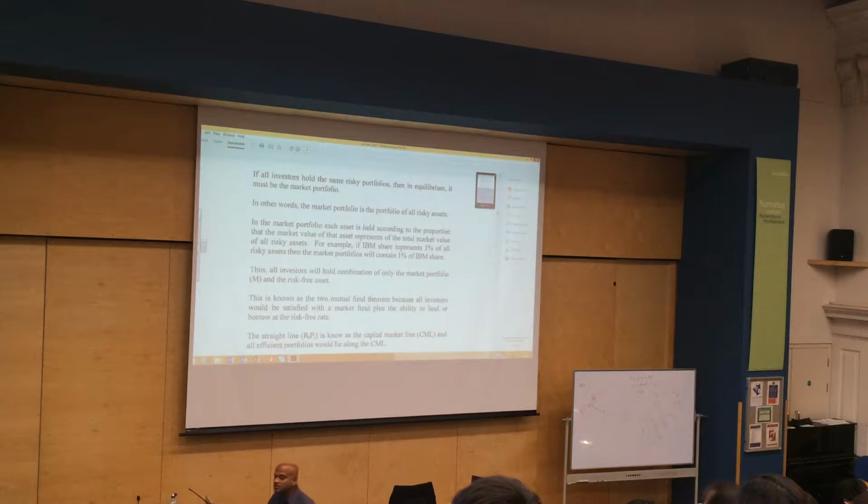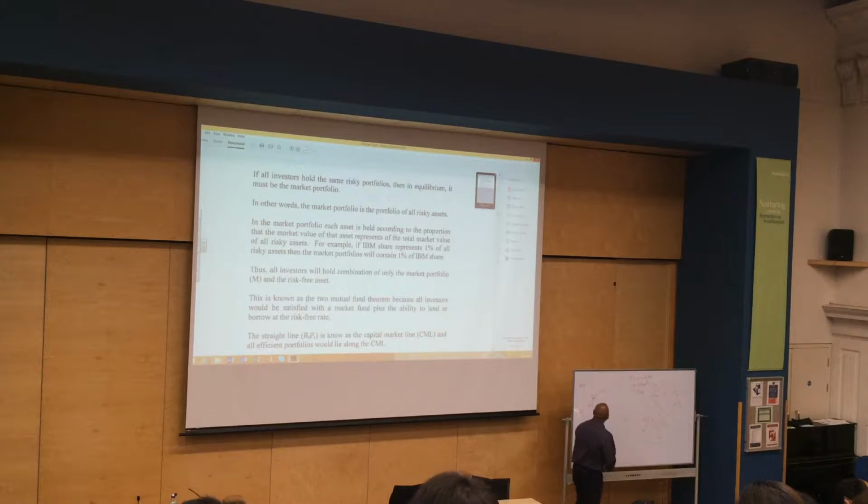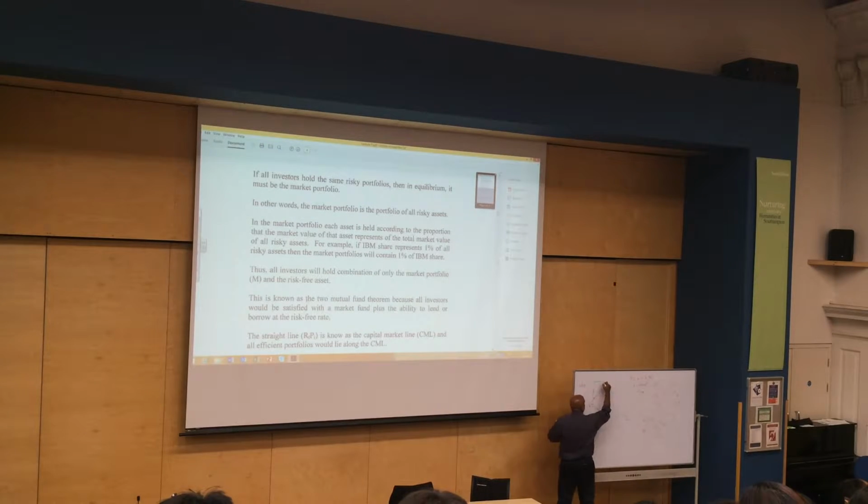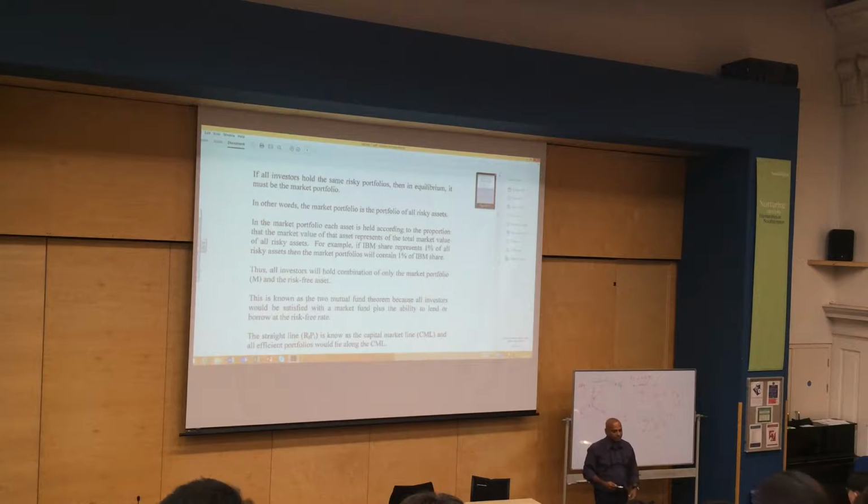If you are not very risk averse, then you are going to borrow. If you go back to the graph, people are going to be on this line, with investment in PI and the risk-free asset. Borrowing or lending and putting money here.